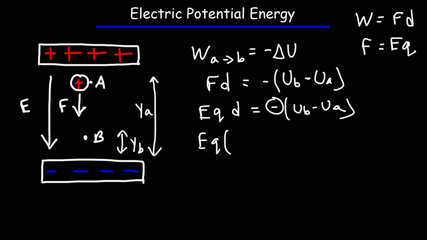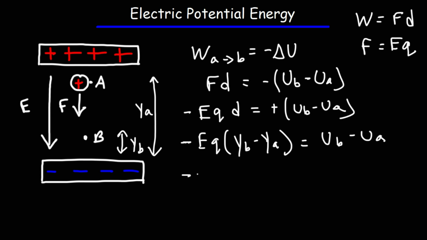By the way, let's take this negative sign and let's move it to the other side. So I'm going to make this positive, make this negative. So the displacement is Y final minus Y initial, or YB minus YA. Now let's distribute negative EQ. So we're going to have negative EQ times YB, and here we have two negative signs, so it's going to be plus E times Q times YA.